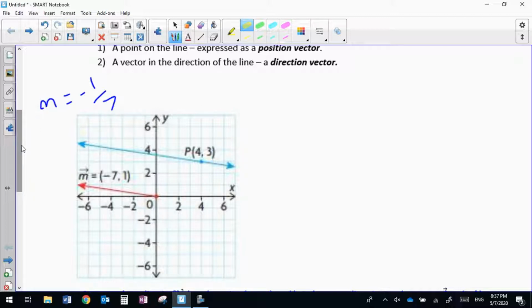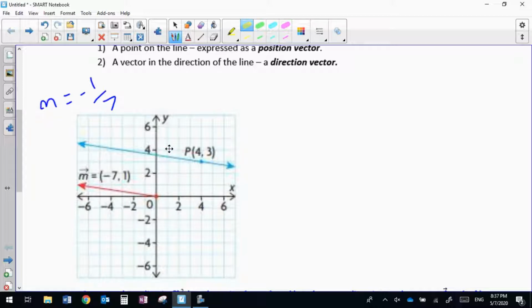Notice that if the slope is -1/7, this vector, which has been called vector m, actually has the same direction as the blue line. So one way that we could use vectors to talk about this blue line is we could say start at the point (4, 3) and then add any combination you want or any amount of this vector m.